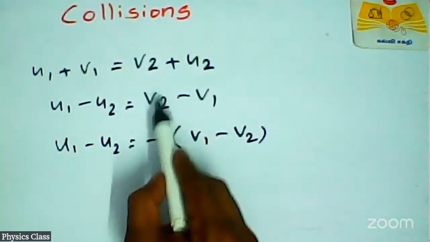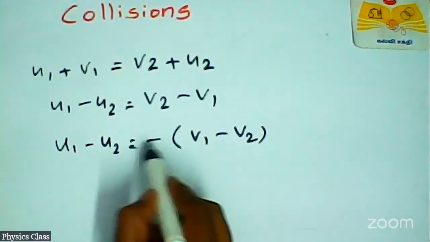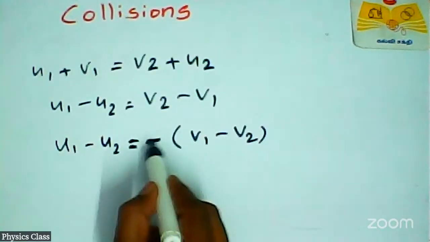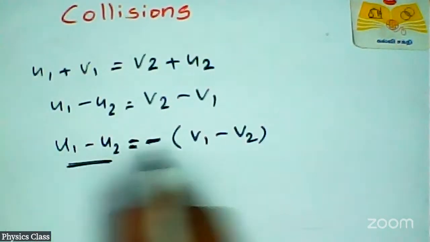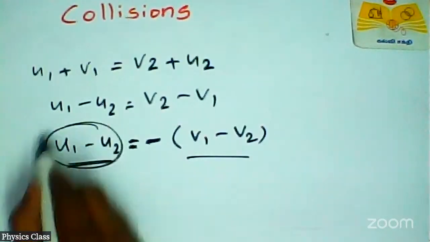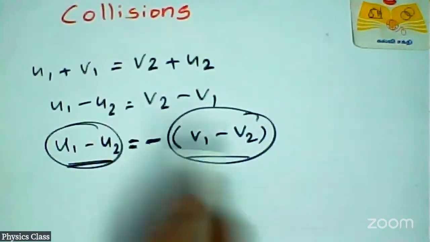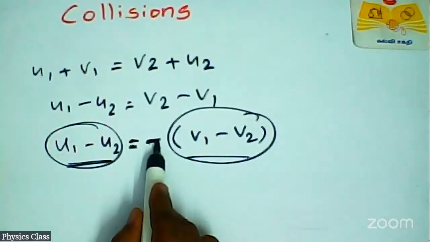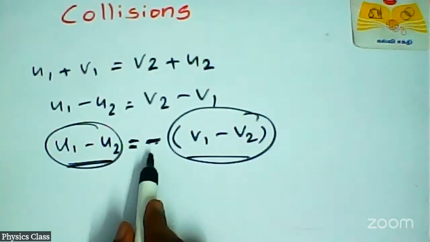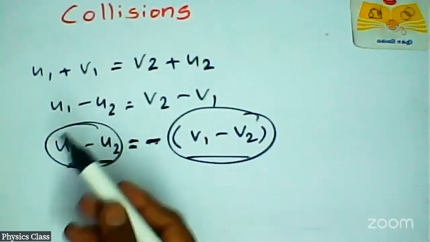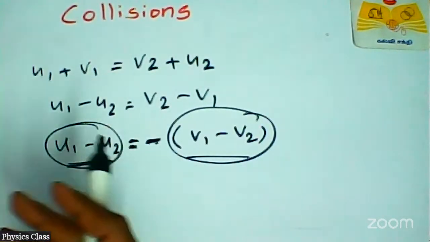Because of the interchange we put a minus sign, meaning the direction is opposite. The initial velocities and final velocities have equal differences but in opposite directions, so minus signs are there.